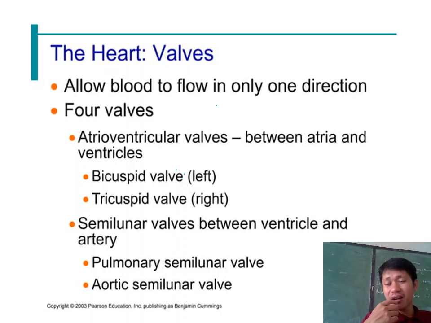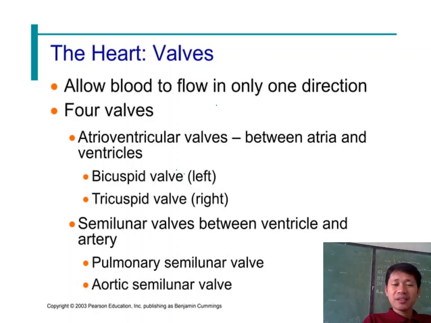That's why the chambers have valves, blood vessels have valves, and there are four valves: the atrioventricular valves, the bicuspid or mitral valve and the tricuspid valve, the left valve and the right valve.